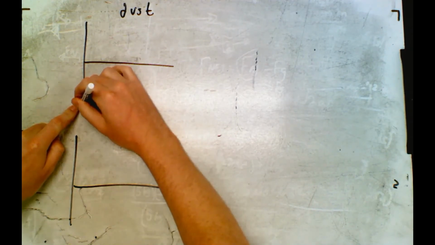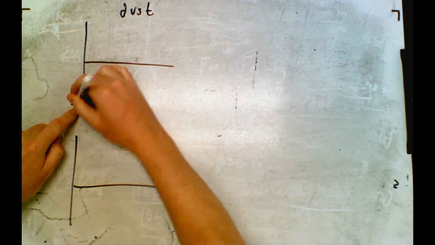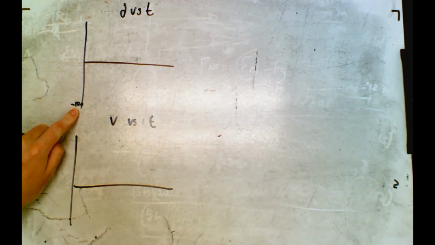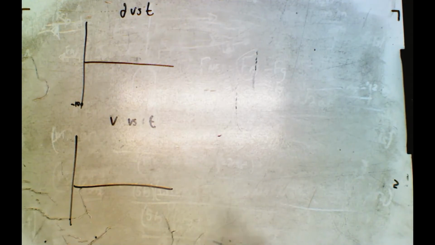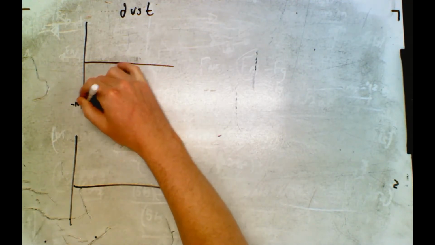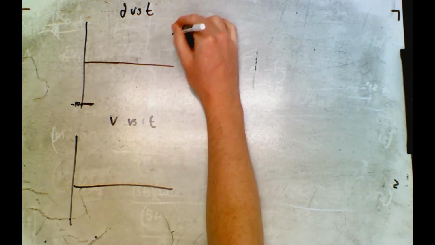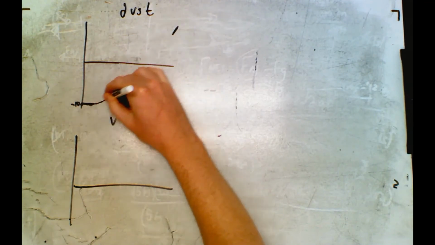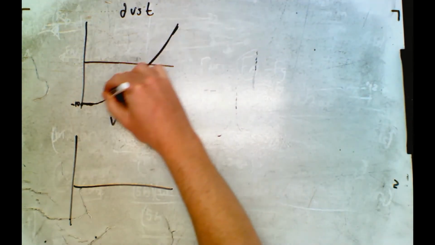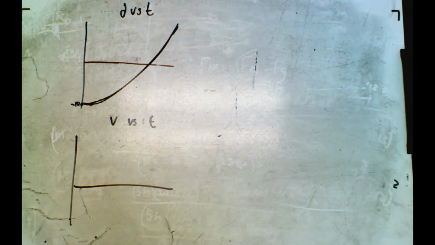And he starts off at -10 here. That's his position, right? His position is -10. And the whole time he speeds up. So he starts off with no speed, and we want him to be going steep. So we just have to connect that line with a curve. And this is what my D versus T graph would look like.